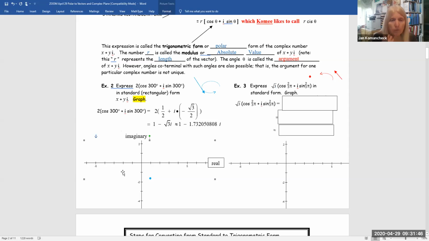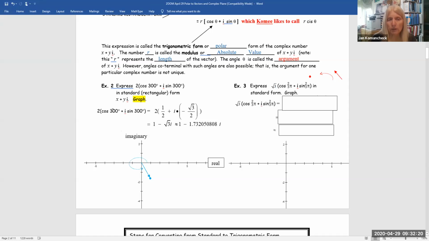Did I do a good job graphing that point in the complex plane? No, because I didn't draw my vector. So I'm going to draw my vector. I'll try to shorten my vector. Now I have graphed that number in the complex plane. But just to show you that where I started with is what I have, that looks pretty much like a 300-degree angle right there.